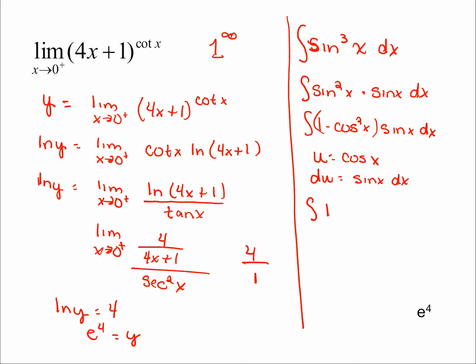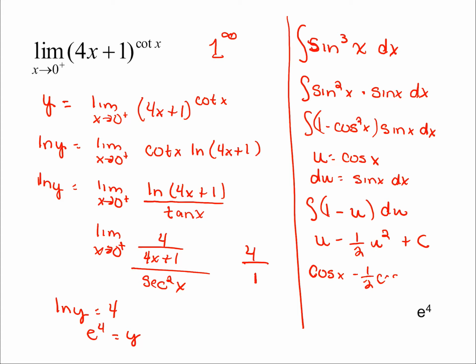So this becomes 1 minus u squared du. So integrating that, I just get u minus 1/3 u cubed plus c. Well, what was u? U was cosine x. So this is cosine x minus 1/3 cosine cubed x.